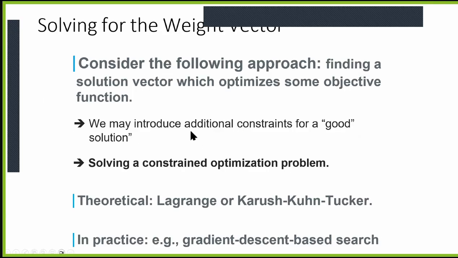Okay. So since now we have the task of finding the best decision boundary, or the weight bias combination, this is an optimization problem, and also a constrained optimization problem, which we will go over the constraints as well.